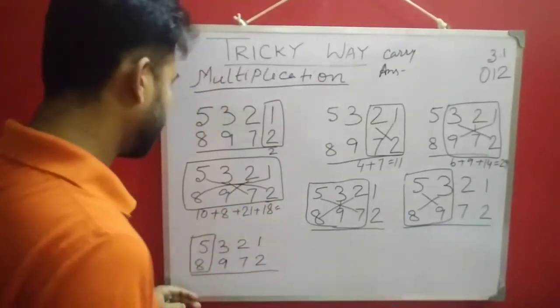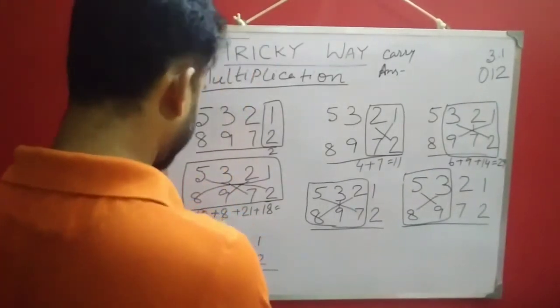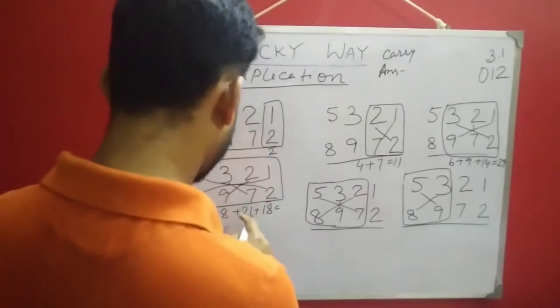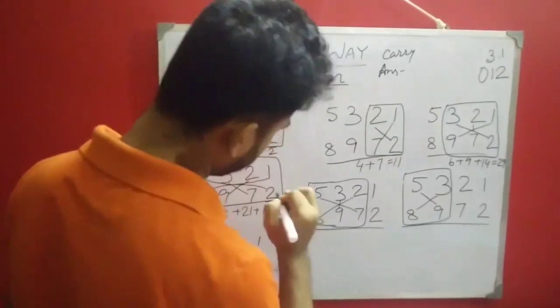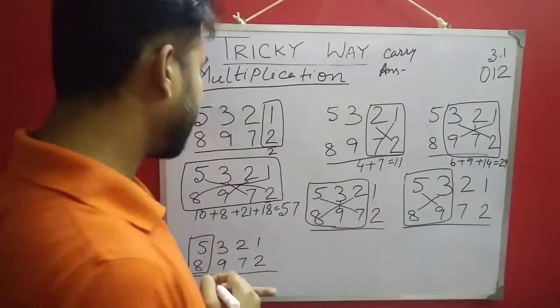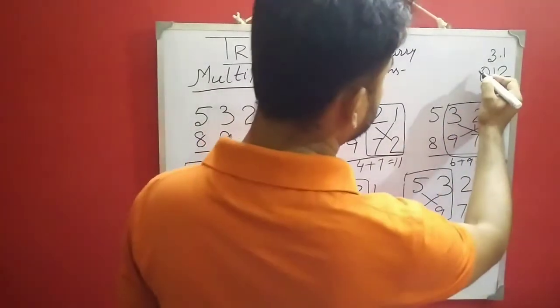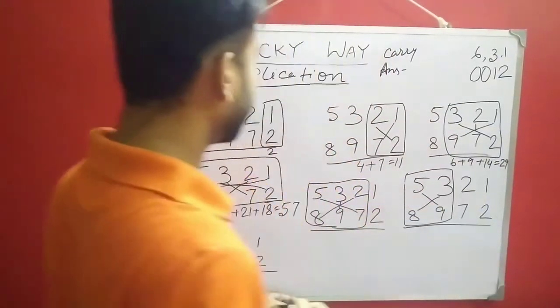So the sum is equal to 57. And we have carry 3. 57 plus 3 equal to 60. So 0 and carry 6.